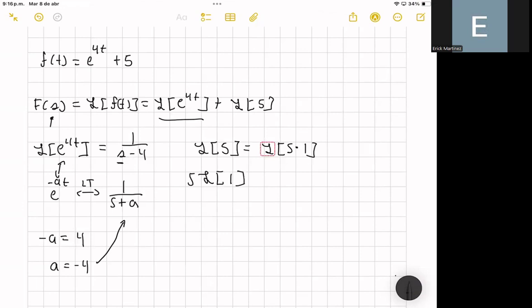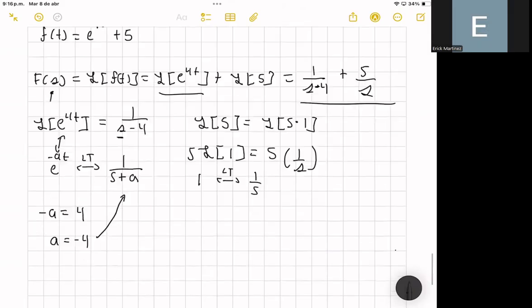And if you look at the tables, we know that the Laplace transform of a constant with a value of 1 is 1 over s. So we obtain 5 times 1 over s. So the result of this is equal to 1 over s minus 4 plus 5 over s. And this is the result that we have.